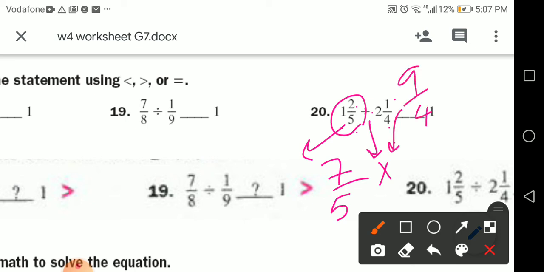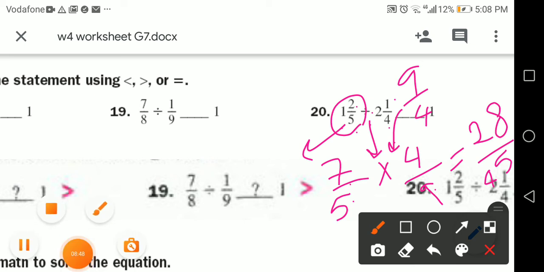Then take the reciprocal, which is 4 over 9, and do the multiplication. 7 times 4 equals 28. And 5 times 9 equals 45. So we have here 28 over 45.